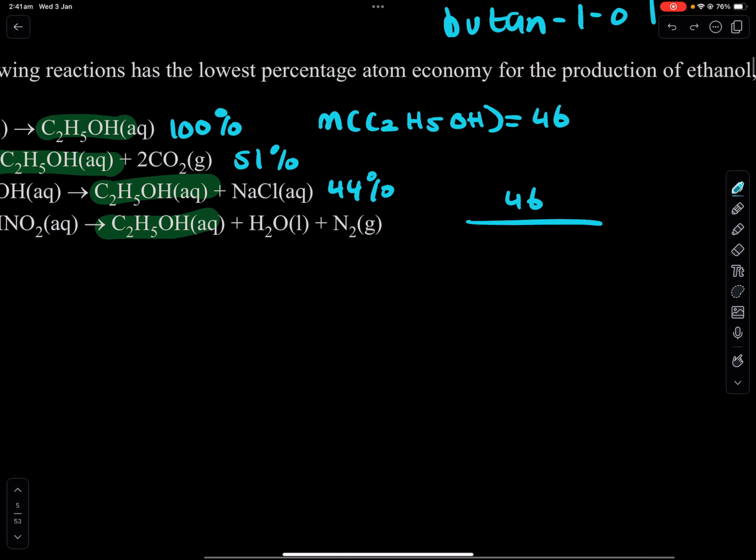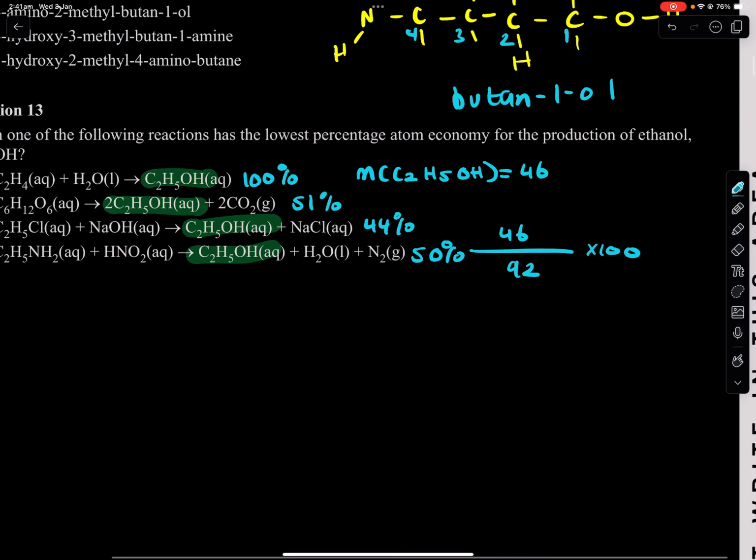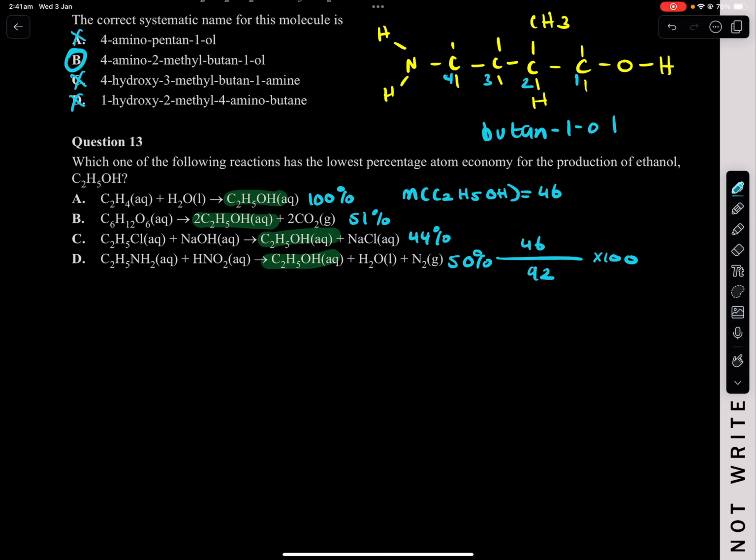Enter, so that gives us 92. So times that by 100. That's 50%. Okay, so the lowest percentage atom economy is C. So question 13 is C.